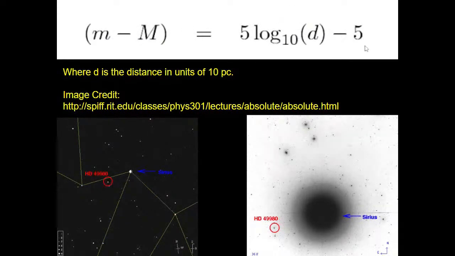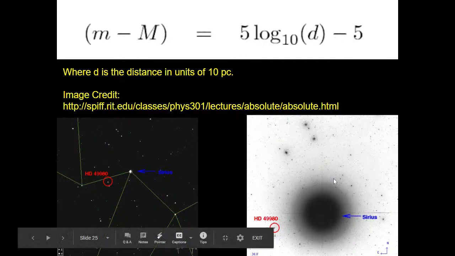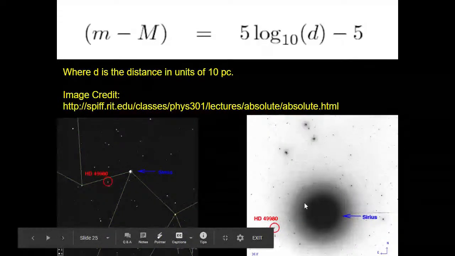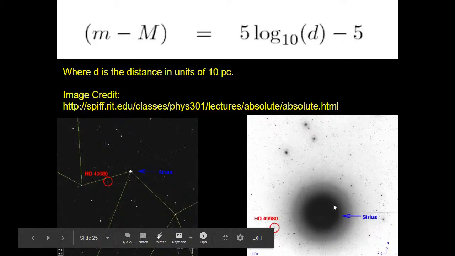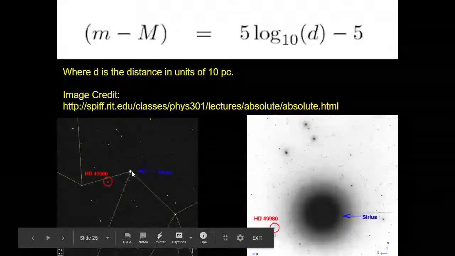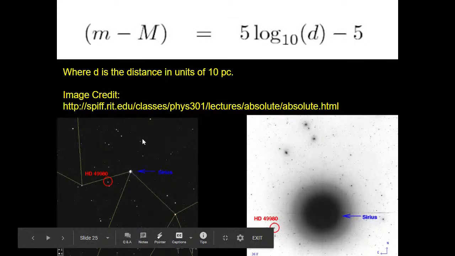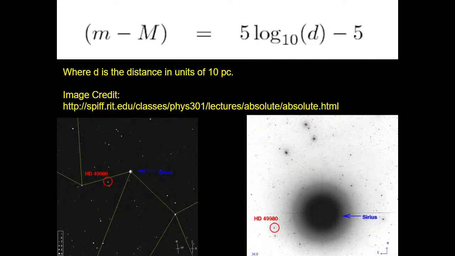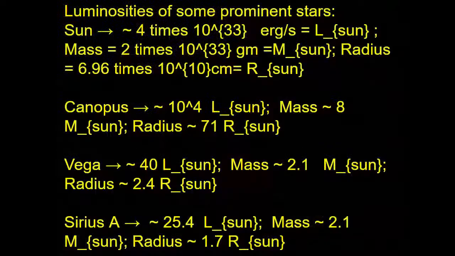And in particular, I told you that although Sirius appears very bright, so that its apparent magnitude is much less than the star HD 49980, whose apparent magnitude is much larger because its received flux compared to the received flux from Sirius is smaller, but in reality, the luminosity is higher.